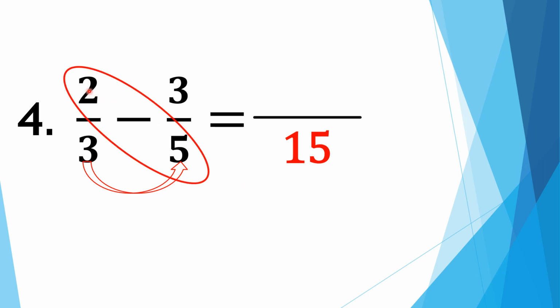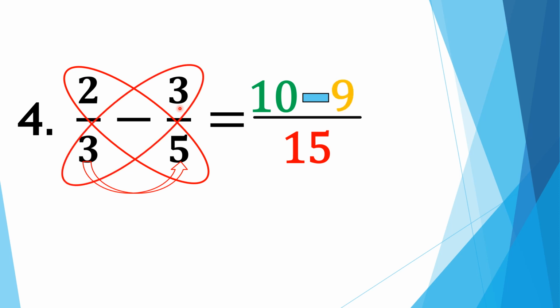Number 4, 2/3 minus 3/5 is equal to, multiply 3 times 5 is equal to 15. 2 times 5 is equal to 10. Then 3 times 3 is equal to 9.